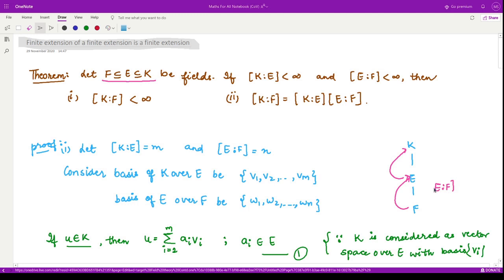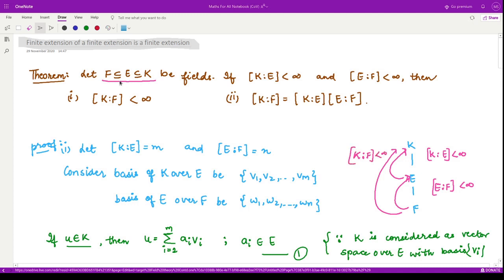That means the degree of E over F is finite, and the degree of K over E is also finite. That means this is also a finite extension. Then they are saying the extension field K, which is defined over an extension of F, is also finite. That means the degree of K when taken over F is also finite.